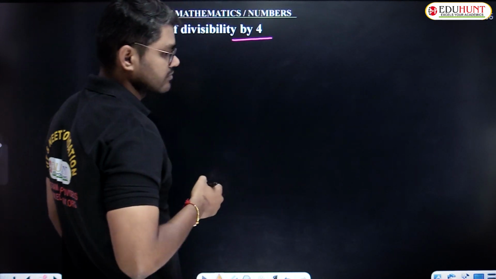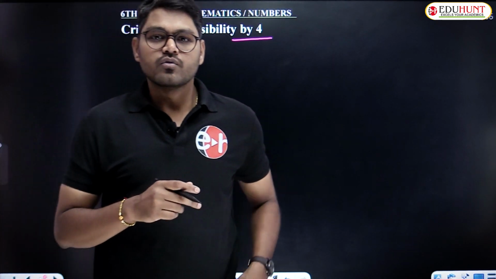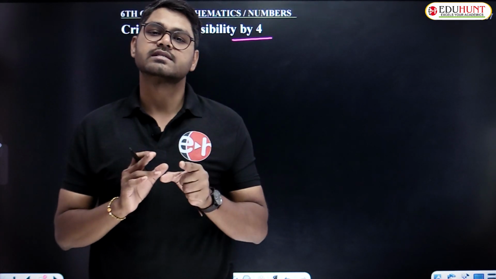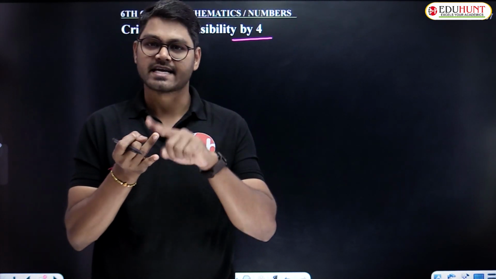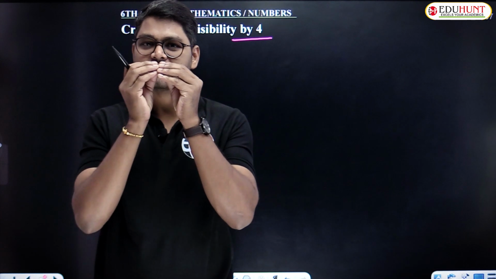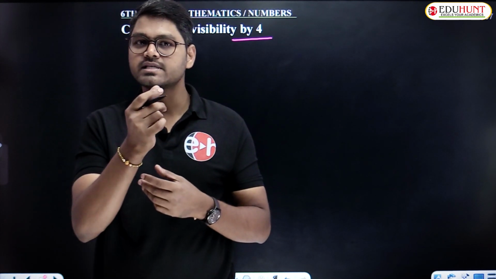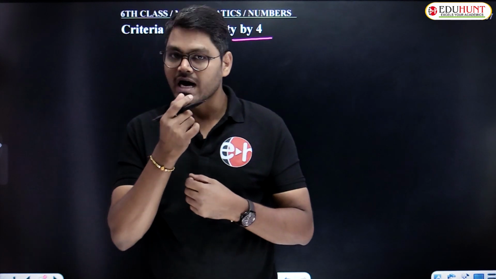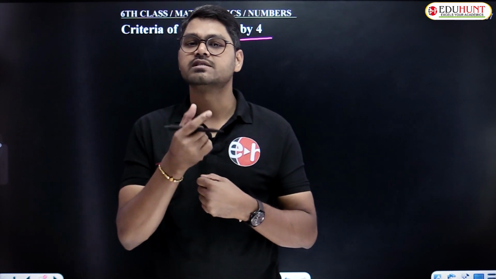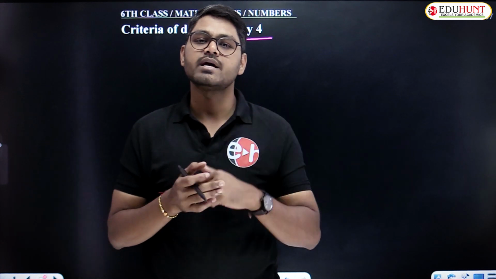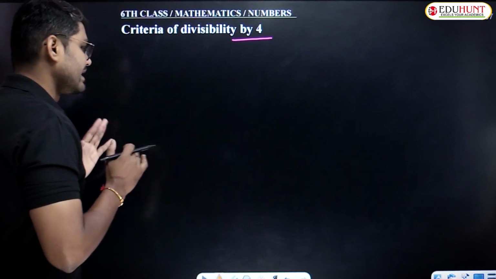Divisibility rule by 4. Okay, right. What is the divisibility rule of 4? It is nothing but the last 2 digits, that means the unit digit and tens digit, must be divisible by 4. Last 2 digits must be divisible by 4, otherwise last 2 digits must be 2 zeros. Then the whole number is divisible by 4. Okay, students, let's see.